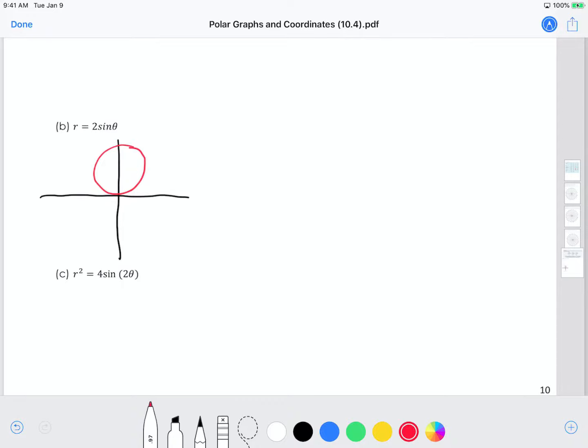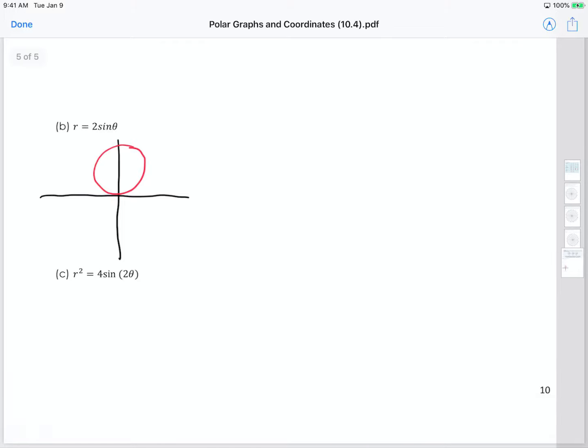And so that to me looks like it would be symmetry about the line theta is equal to pi over 2, or what we think of as the y-axis. So I'm going to check for symmetry about the y-axis. I don't see any symmetry about the pole or about the polar axis.